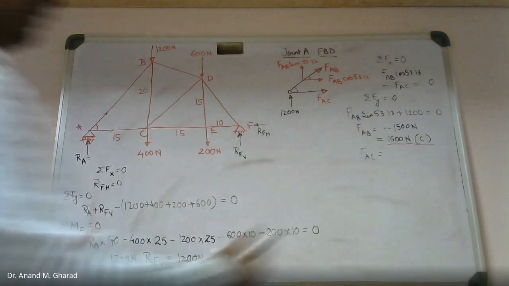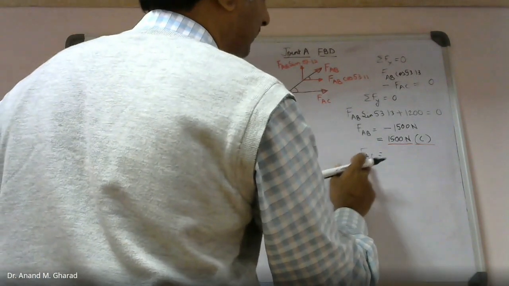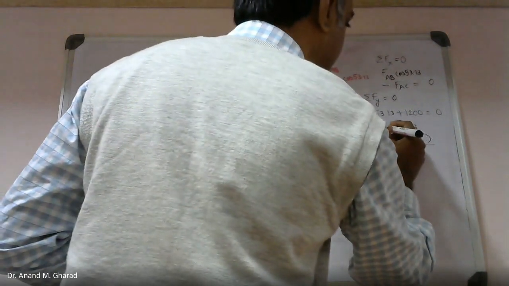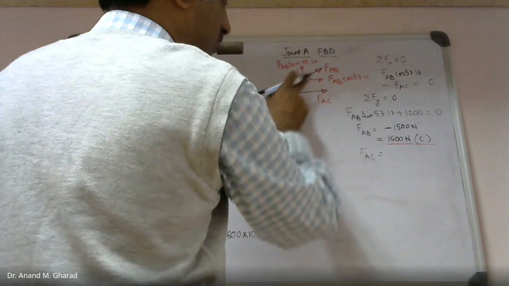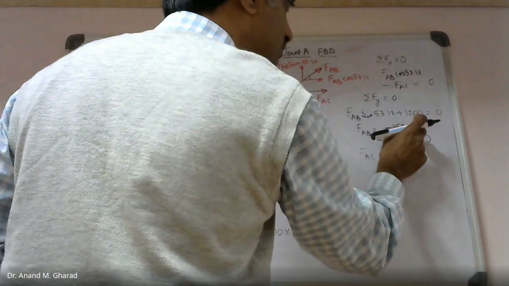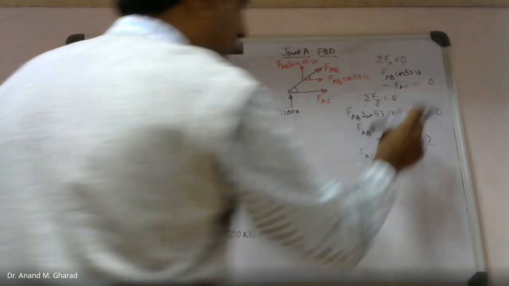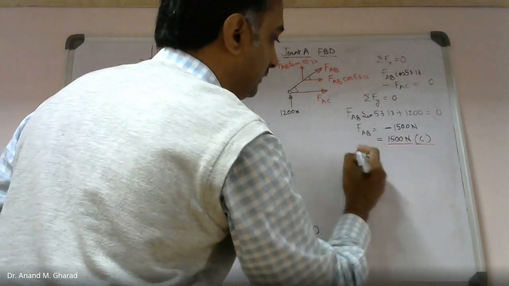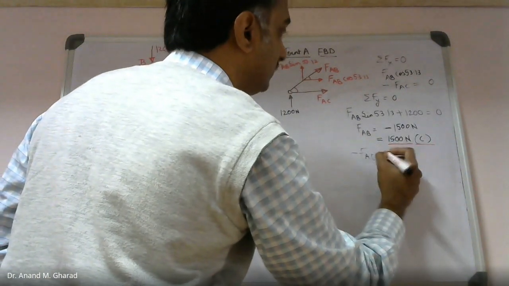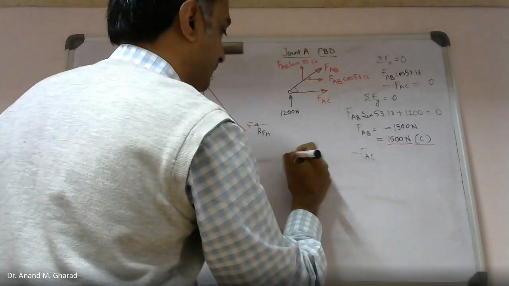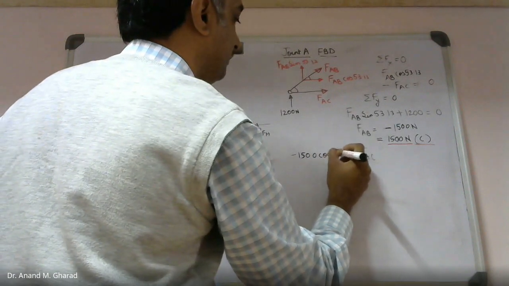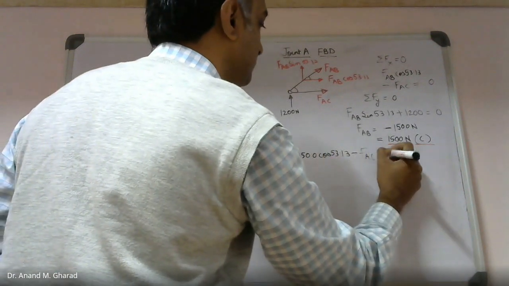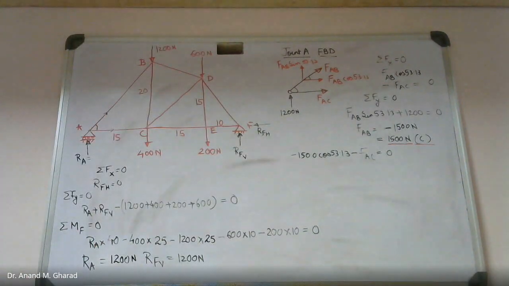Now, while calculating force in member AC, make sure that whatever value you have obtained over here, considering these arrows or these directions, you are supposed to substitute that value itself. That is, minus FAC, rather now here minus 1500 cos 53.13 minus FAC equal to 0. How much does it come out to be?